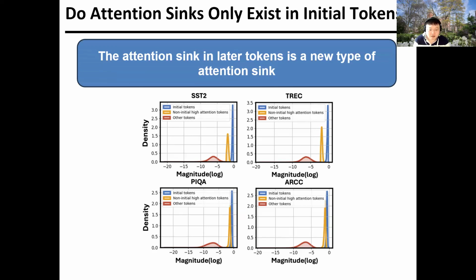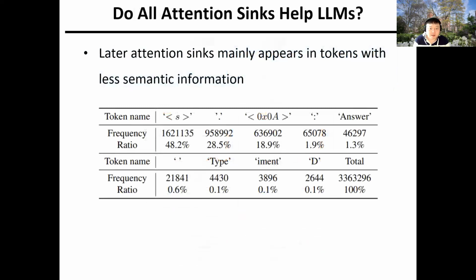Given its distinct distribution in attention scores, a natural follow-up question is: although the previous StreamingLLM showed that the initial token attention sink helps with performance, do all attention sinks still help with LLMs?